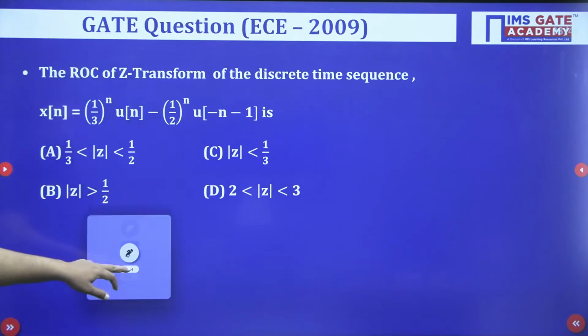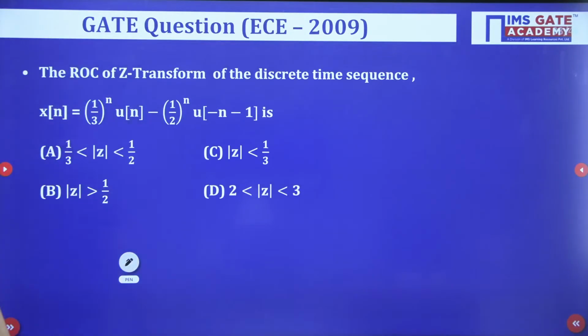So here is the question, guys. Tell me what is the answer. Only 9 seconds is more than sufficient to solve this question.